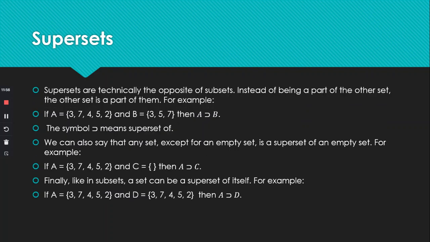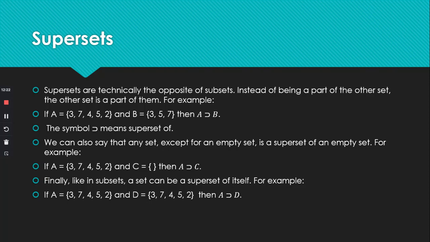Now we have supersets. Supersets are technically the opposite of subsets. Instead of being a part of the other set, the other set is a part of them. For example, if A is equal to 37452 and B is equal to 357, then A is a superset of B. The symbol here, which is the mirror image of a C, means superset of.